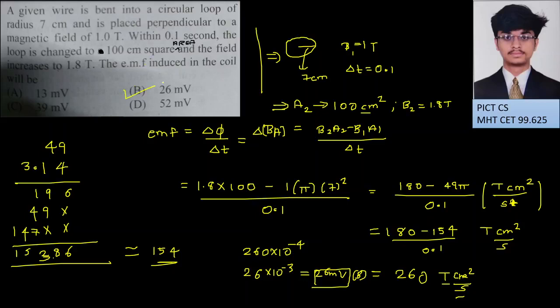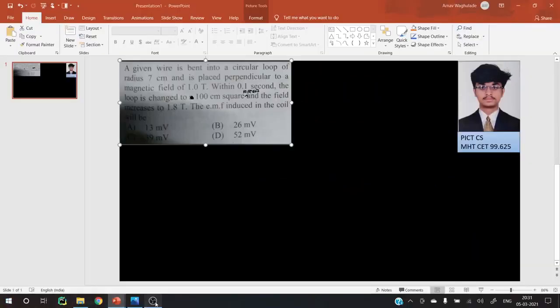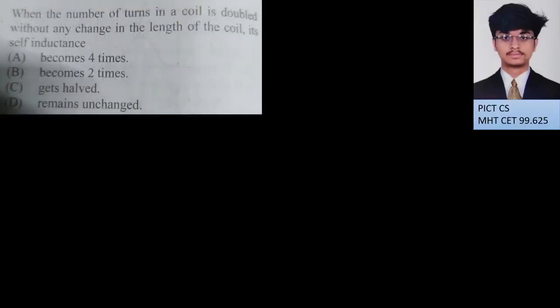Alright, so let's move to the next question. When the number of turns in the coil is doubled without any change in the length of the coil, its self-inductance... Alright, I guess the formula I told you is L equals N square mu 0 mu R into A by L. So what's given in the question?